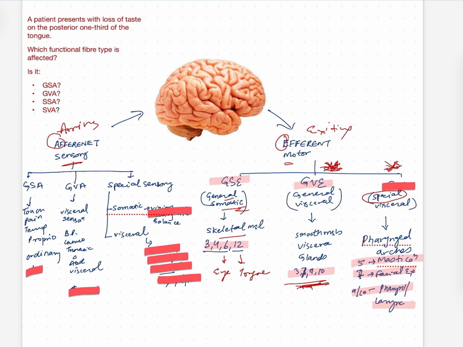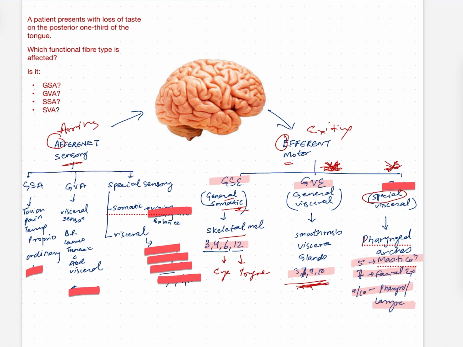The sensory fibers are divided into four divisions: general somatic and general visceral, then special somatic and special visceral. We'll start with the general somatic afferent. What is the function of the sensory nerve fibers?